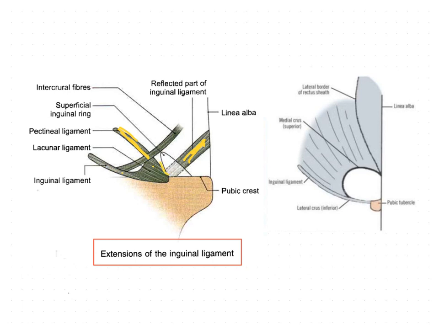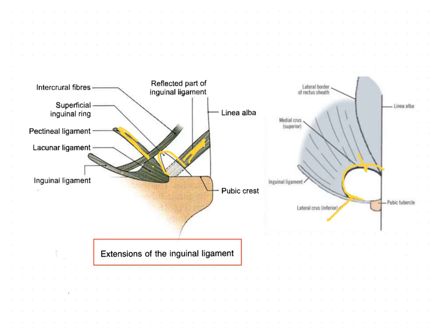Here you can see the superficial inguinal ring, which has a lateral crest and a medial crest. The fibers run upwards and medially from the lateral crest of the superficial inguinal ring.